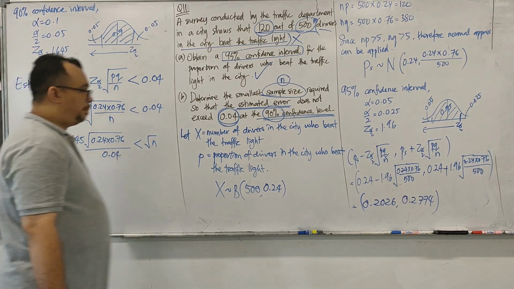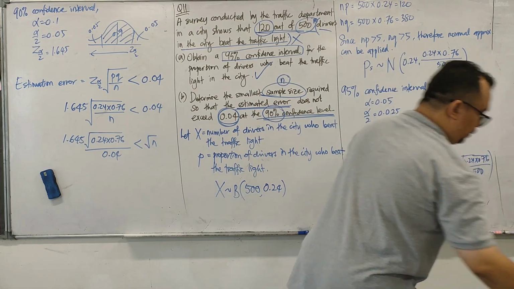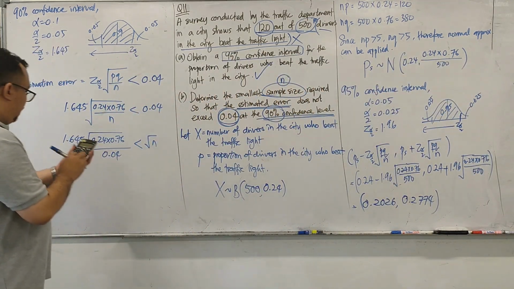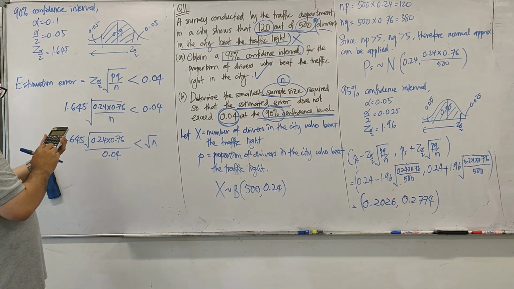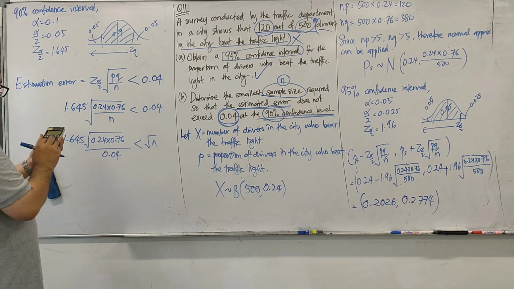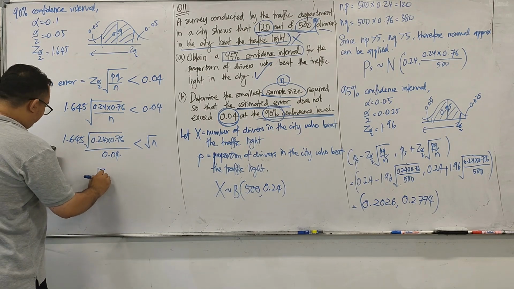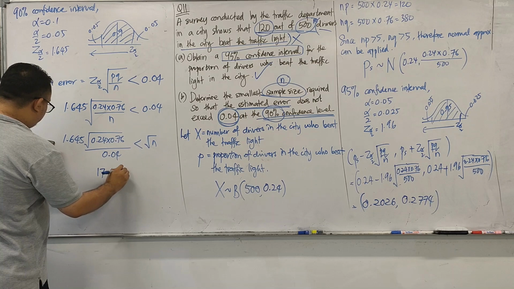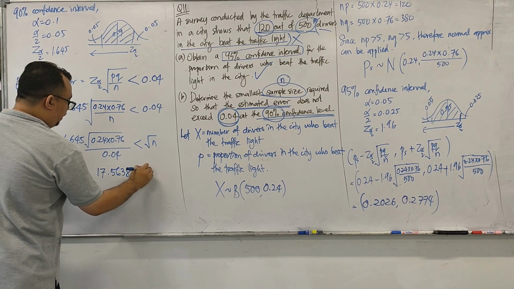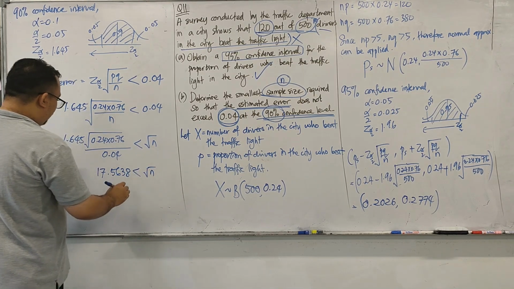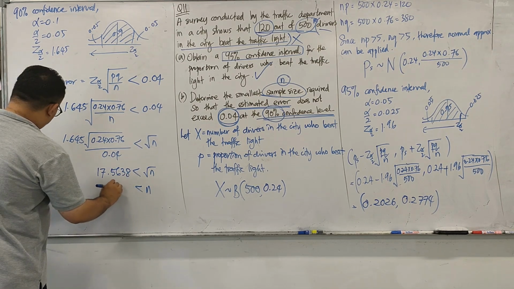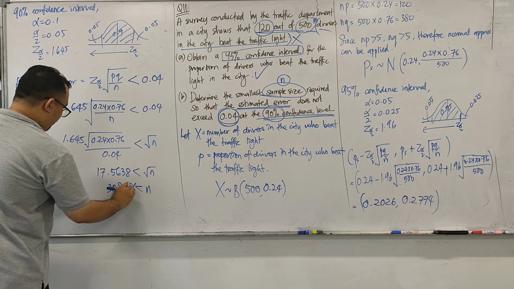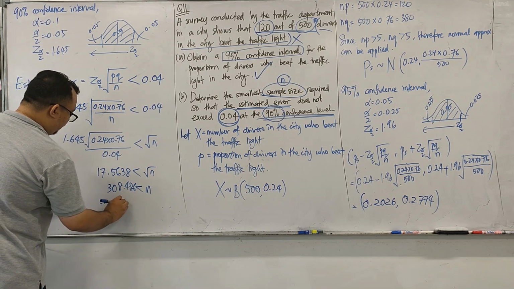Okay, then you press your calculator. 1.645 times square root 0.24 times 0.76 divided by 0.04. This one is 17.5638, less than square root of n, and then we square both sides. 308.486. Therefore, my n is 308.